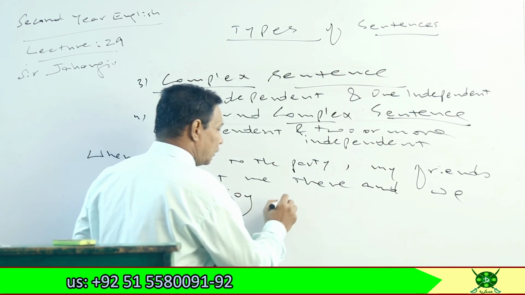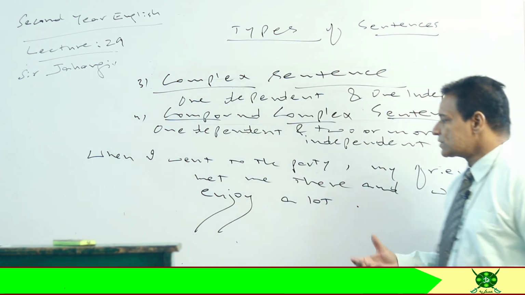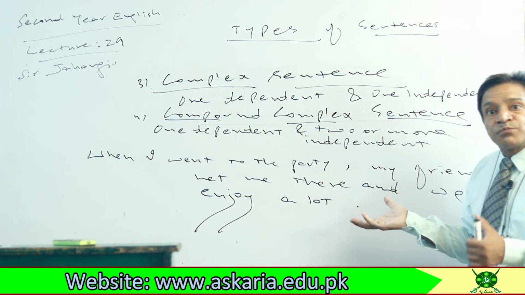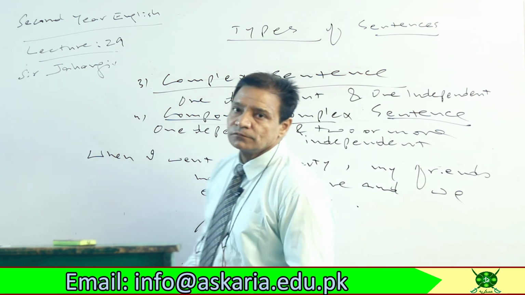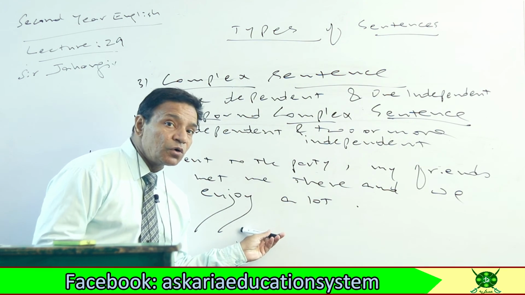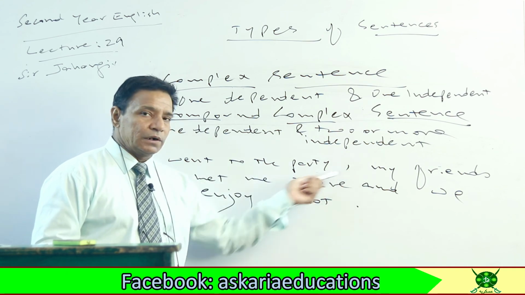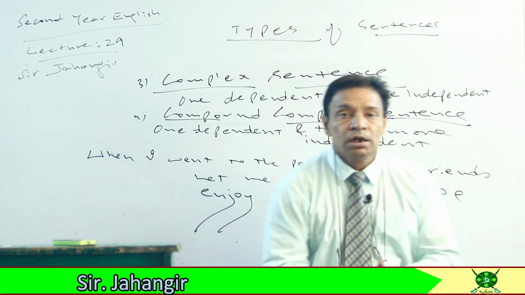"We enjoyed a lot" is again an independent clause. So now there is one dependent clause and two independent clauses. This is called a compound complex sentence.